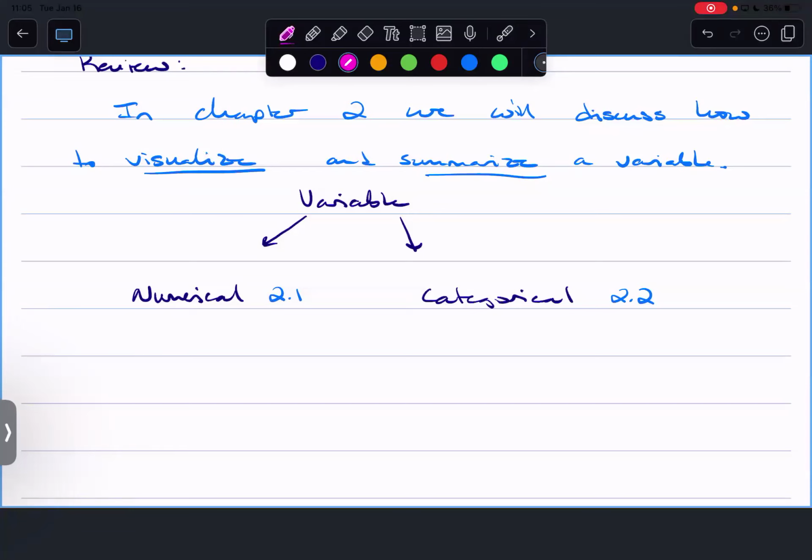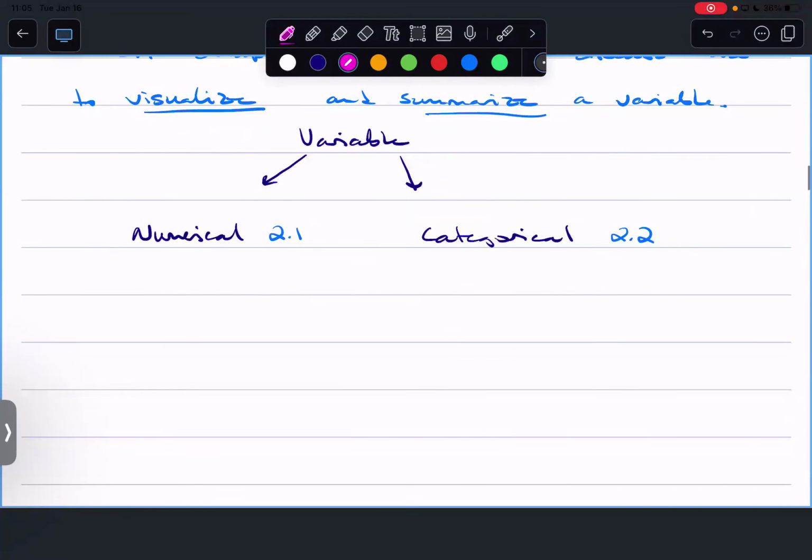And what did we say? We said, okay, how do I determine if it's a numerical variable, right? If I'm interested in the average, then I would argue that it's a numerical variable.